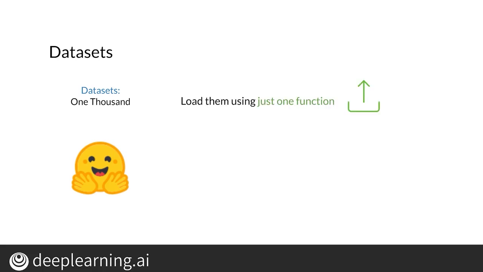You can search this dataset library on their website by filtering for task category, language, and size. And to load any dataset that you choose, you only need a function from the datasets library. So if you decide to use a dataset from Hugging Face, you only need a line of code to load your data. And if you already have your datasets, the loading process is just as easy.